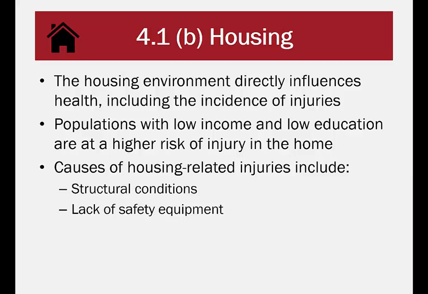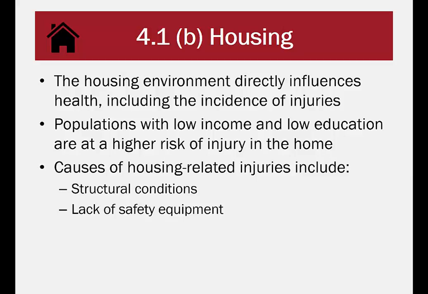Structural conditions in the home are associated with increased injury risk. These conditions include things like exposed heating areas, unsecured upper-story windows, low windowsill heights, slippery surfaces, and so on. Residents of high-rise buildings, especially children, are particularly susceptible to falls from windows, balconies, and faulty or steep stairs.